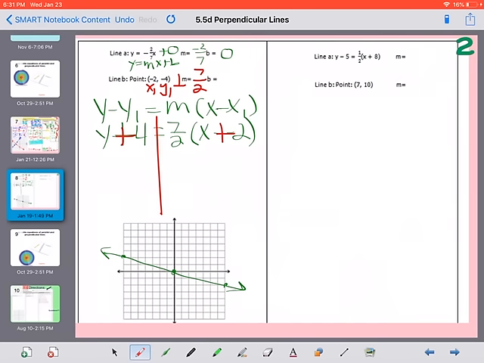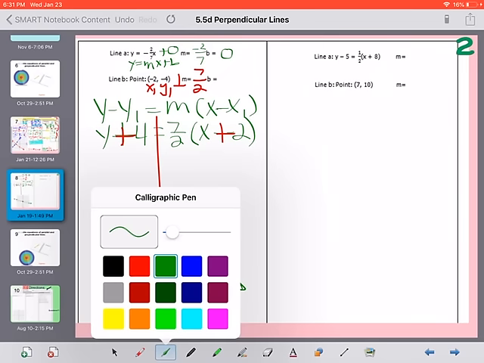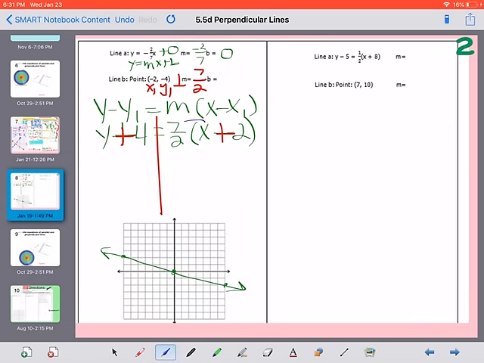So we're going to solve this. We need to distribute first. 7 over 2 times x is just 7 over 2x. 7 over 2 times 2. 2 is 2 over 1. So we have really 14 over 2 if we multiply straight across, which is 7. They're all positive, so it's positive.